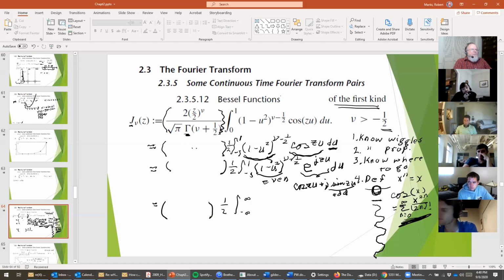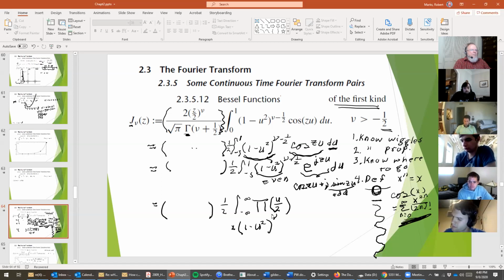And instead of integrating from -1 to 1, I'm going to put a rectangle in there. This rectangle is just going to chop off the integration. This rectangle goes from -1 to 1, and it chops off the integration. And then we get this times (1 minus u squared) to the nu minus 1/2 times e to the j zu.